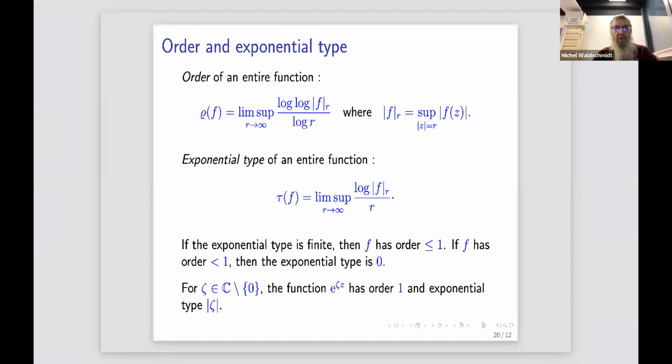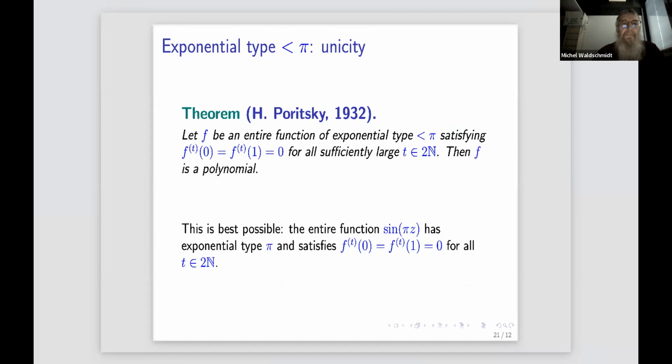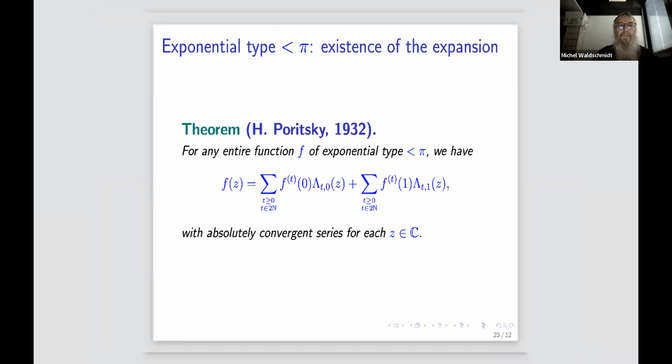I will discuss the order and the exponential type of function. The only thing to know is that the function exponential of zeta z has an order 1 because the exponent of z is 1, and the exponential type is the modulus of zeta. An important result of Poritsky is that an entire function of exponential type less than pi, which has all the derivatives at 0 and 1 equal to 0 for sufficiently large t, is a polynomial.